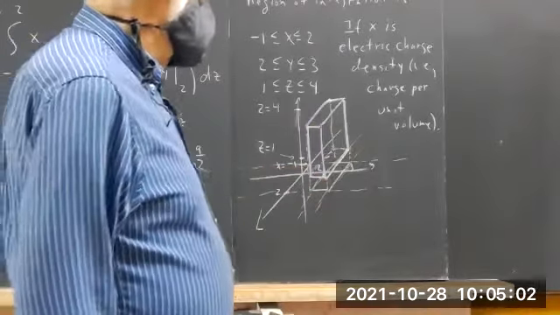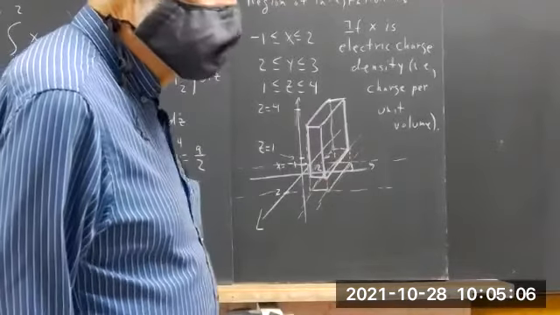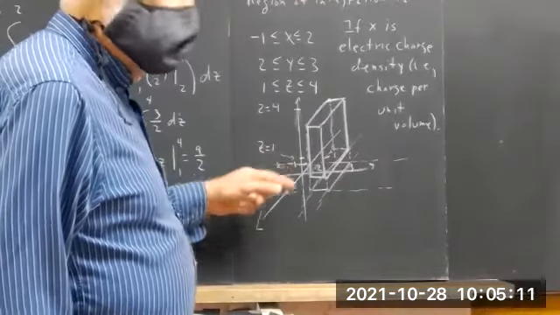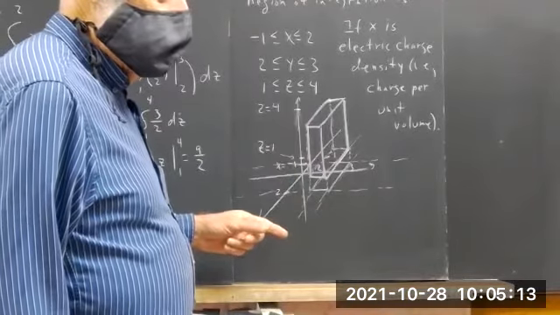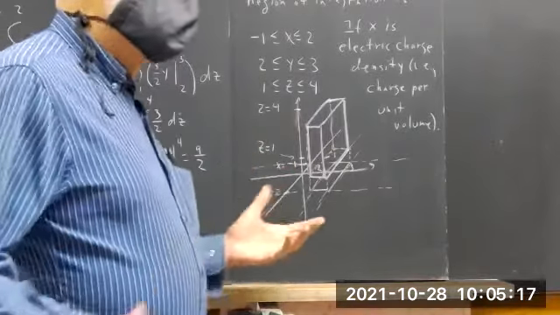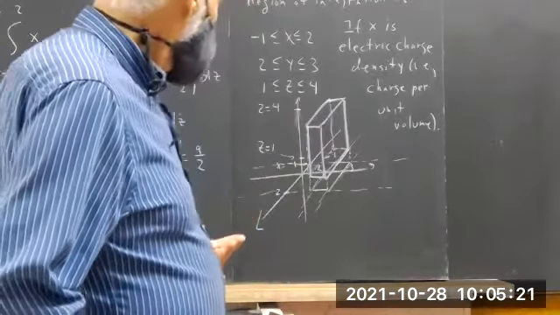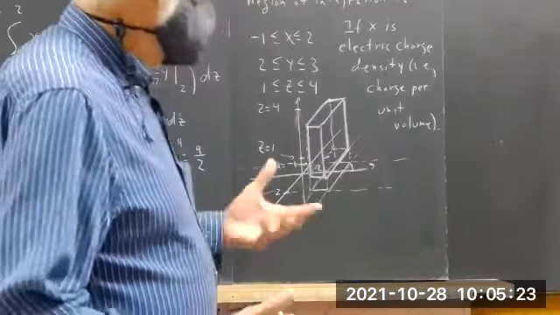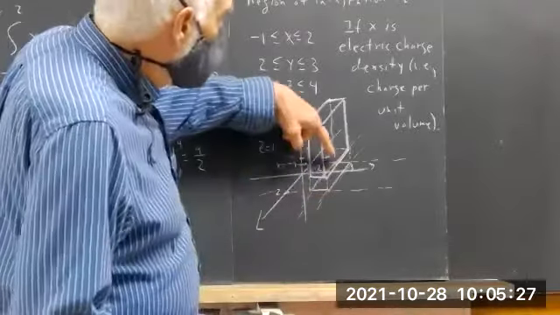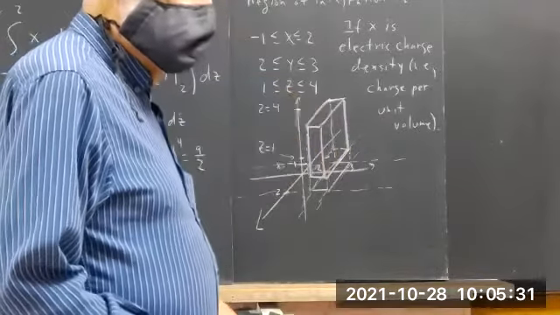Now you can see pretty clearly that if you want to look at the total charge, the negative charge from x equals -1 to 0, and the positive charge from x equals 0 to 1, they're going to add up to a total of 0 charge, even though you've got the charge separated, negative charge back here, positive charge here.